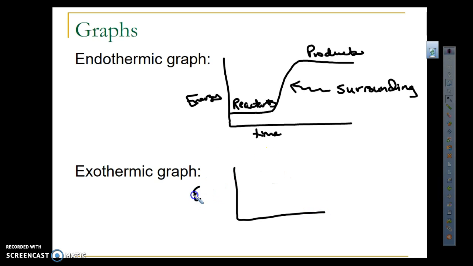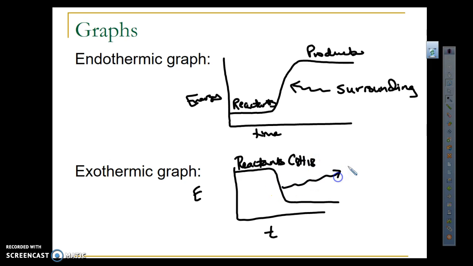What's more common in an energy versus time graph is having these chemicals have quite a lot of potential energy. The reactants here have quite a lot of potential energy. A great example, again, is gasoline. We ignite it with a little spark called activation energy, and then the surroundings get all kinds of energy, so you feel that heat.